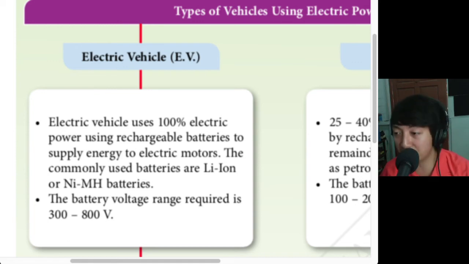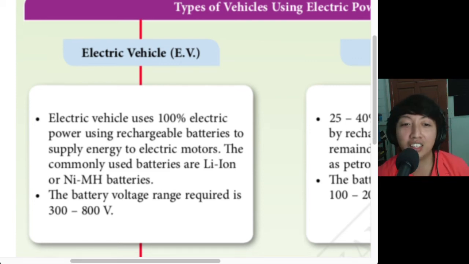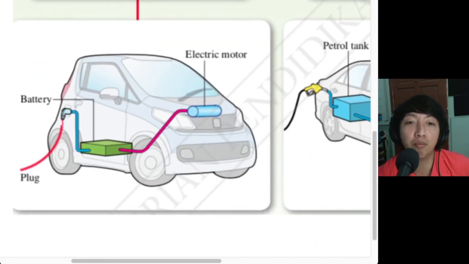A lot of the Tesla cars use pure electricity, and there's a picture here. Basically it's just a big battery and an electric motor, and you have to charge your car every now and then. Here in Malaysia, since electric vehicles are not as popular yet, we don't have many charging stations.